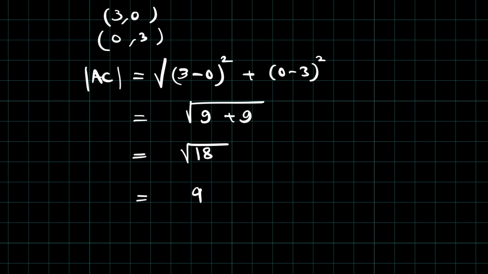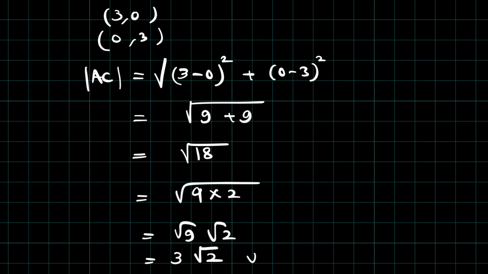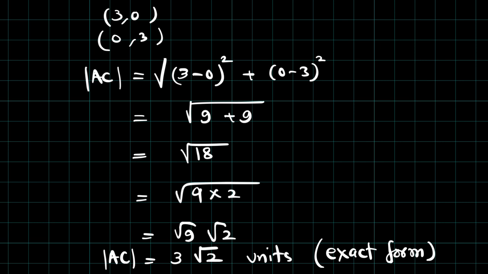I can even write this as the square root of 9 times 2, that is root 9 times root 2. Root 9 is 3. Root 2 remains as it is. This is the simplified answer in the exact form. So that is the strategy of finding the distance between parallel lines.